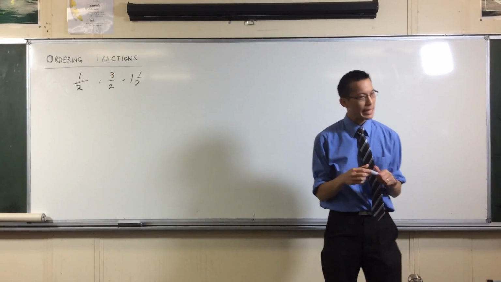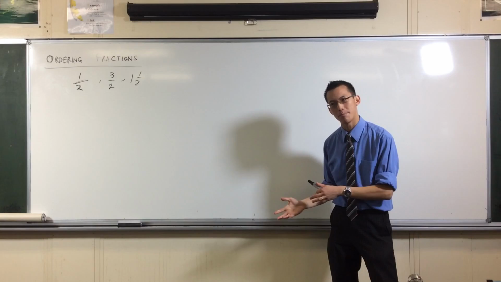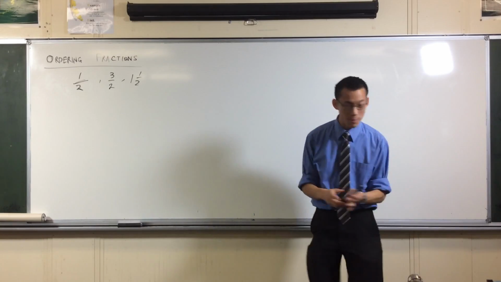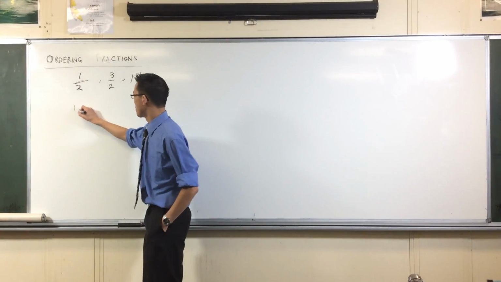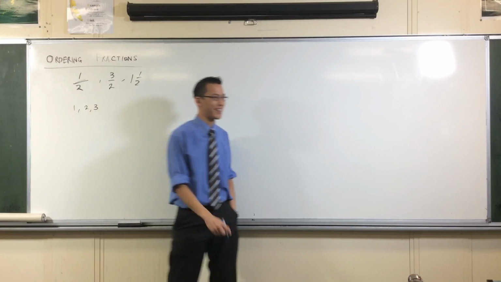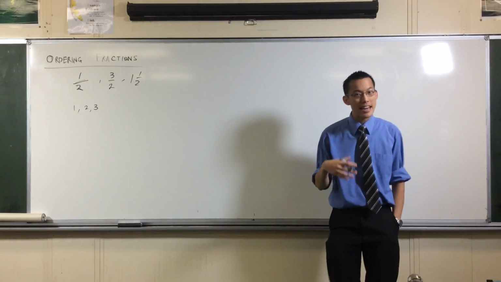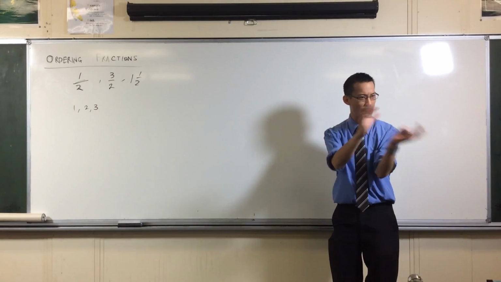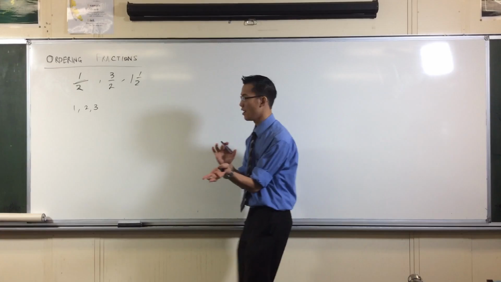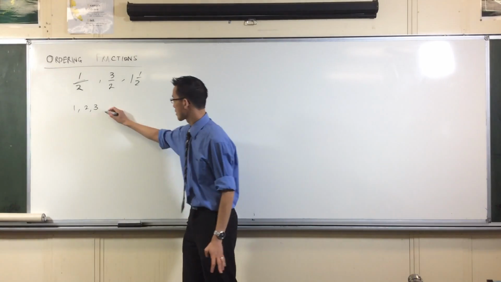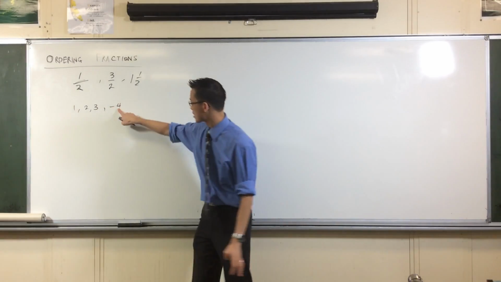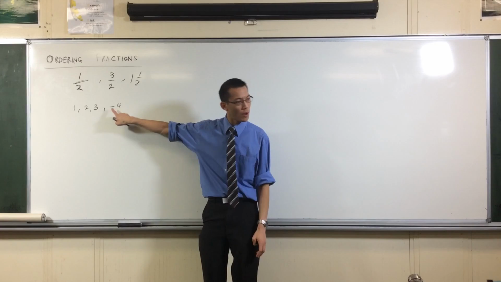We looked at ordering integers last term, didn't we? Okay, and all you needed to think about was, whole numbers, they're really easy to order, okay? When you add in a negative sign, you've got a sign that changes the direction of the number, okay? You just have to remember that even though this value might be larger, what effect does the negative have?